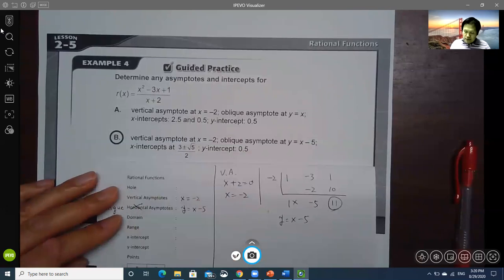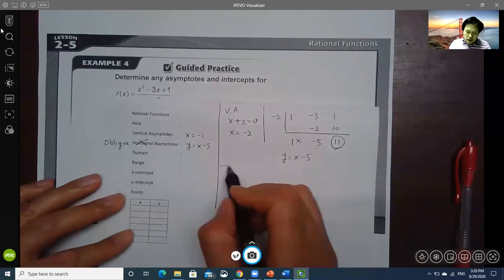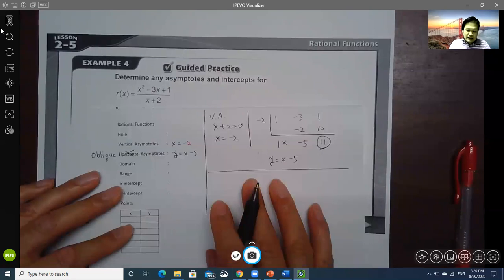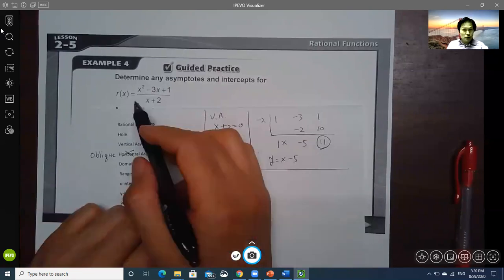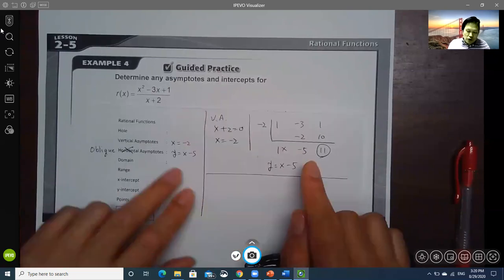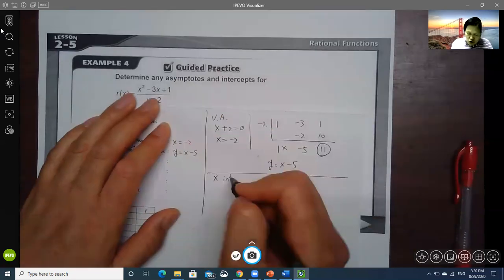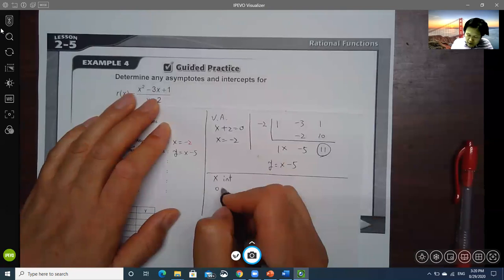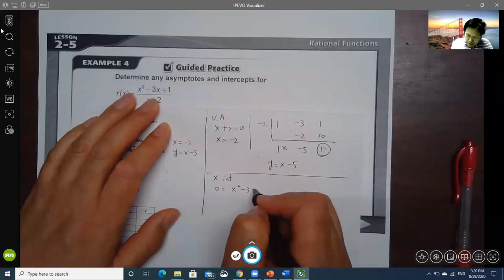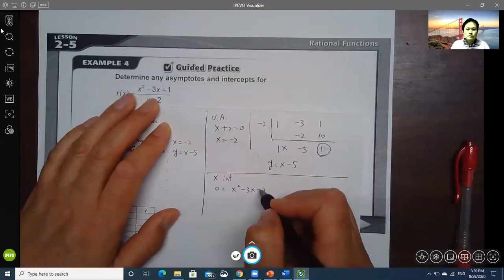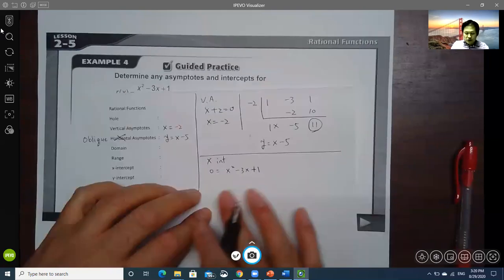Y-intercept, x-intercept. Okay. For the x-intercept, hopefully you remember the shortcut: set the numerator equal to 0 and solve for x. Okay, this is not factorable. If you try it, you will fail.